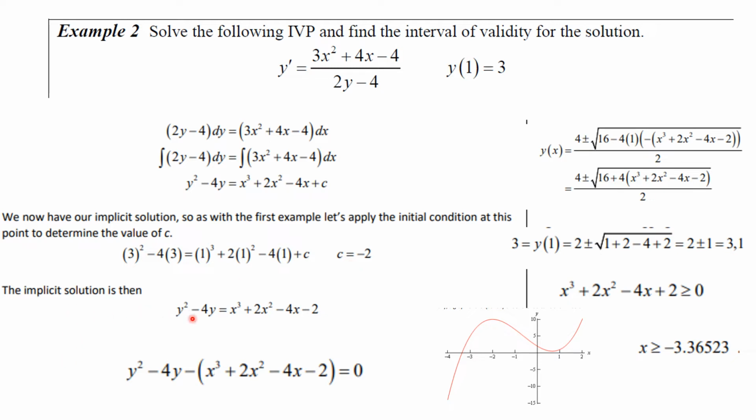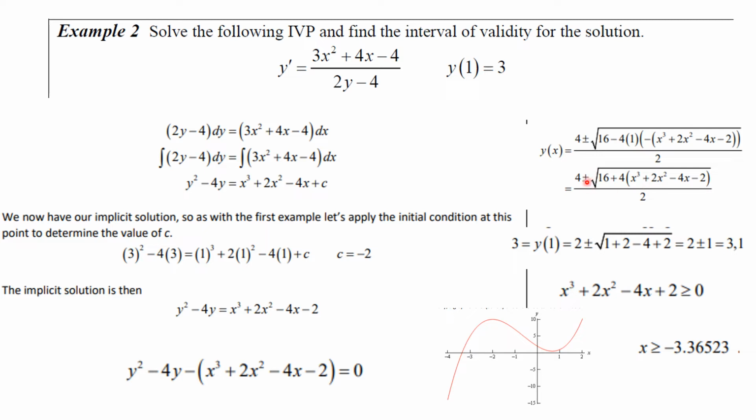So we have an implicit solution that is y squared minus 4y is equal to this cubic polynomial in x. But we can solve this for y by moving this to the other side, and we see we have a quadratic in y. This is really a constant as far as y is concerned. So we use the quadratic formula to get that y is equal to this, and then it's equal to this when I do a little bit of simplification.